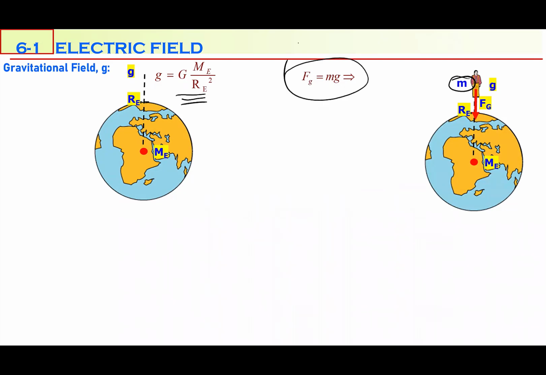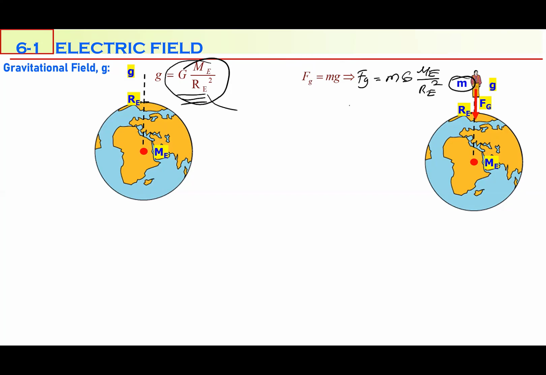According to Newton's second law, we can get how much force acts on your body. You should insert capital G times the mass of Earth divided by the radius of the Earth squared instead of g. So Fg equals the mass of the man multiplied by g. g is equal to capital G times the mass of Earth divided by the square of the distance from you to the Earth.